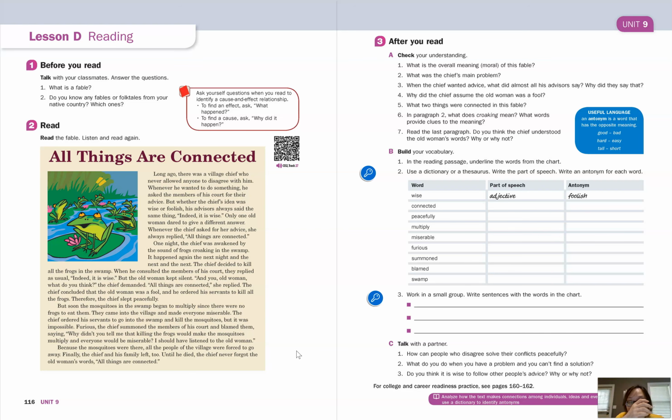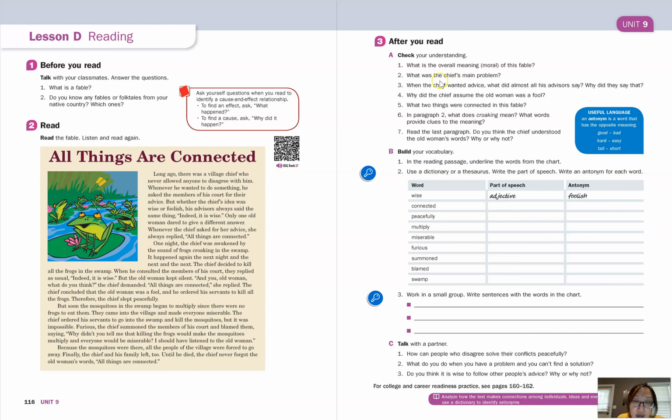Okay, so for number 1, we could say all things are connected. That's the moral. You might also say every cause has an effect. That's another similar meaning. Okay, and number 2, what was the chief's main problem? For this one too, you could just say the chief was awakened by the sound of frogs croaking in the swamp.